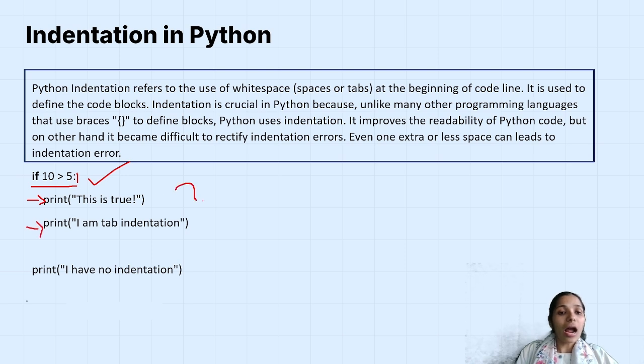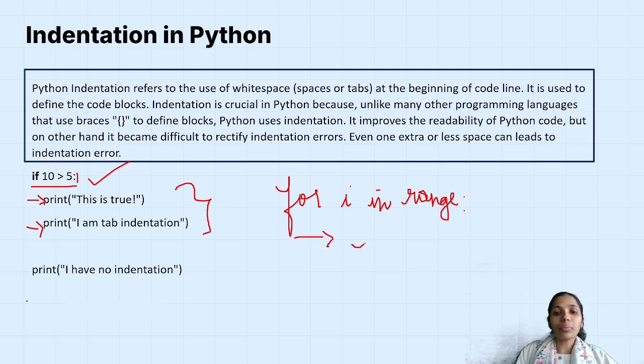This is a hard and fast rule that in Python we have to leave some spacing after an if condition, or if you are using a for loop, for i in range. You have to give some spacing and then write the print statement. This spacing which is given while writing the code is called indentation.